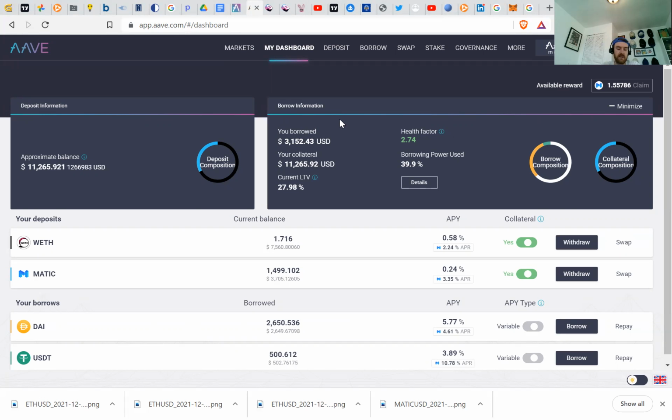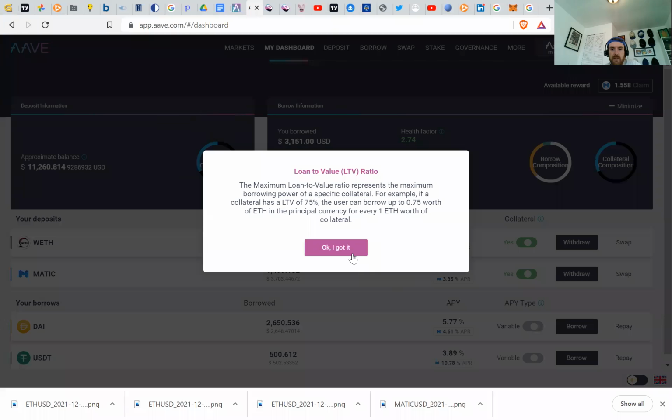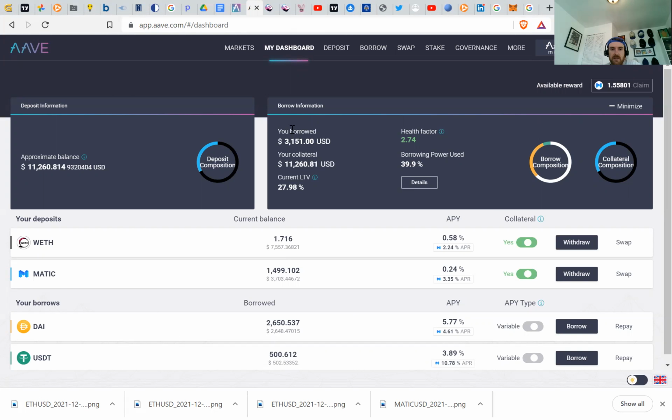So for this, let's just take a guess. 4,500 times 0.75 is 3375. So 4,200 times 0.75. And the reason it's 0.75 is because you want to keep your loan to value ratio at 75% of your borrowed amount. So, okay, I got it on that. 4,200 is the lowest I can go.